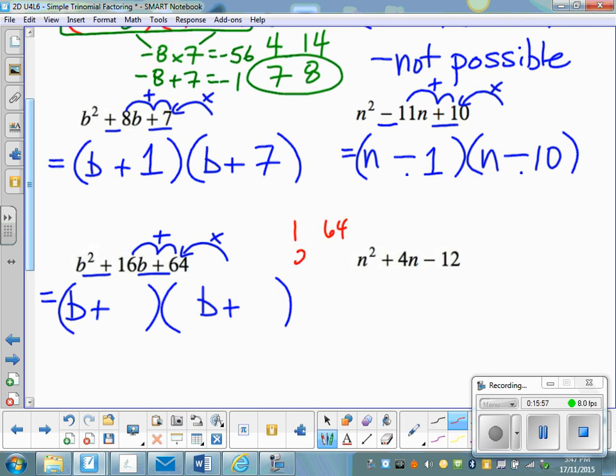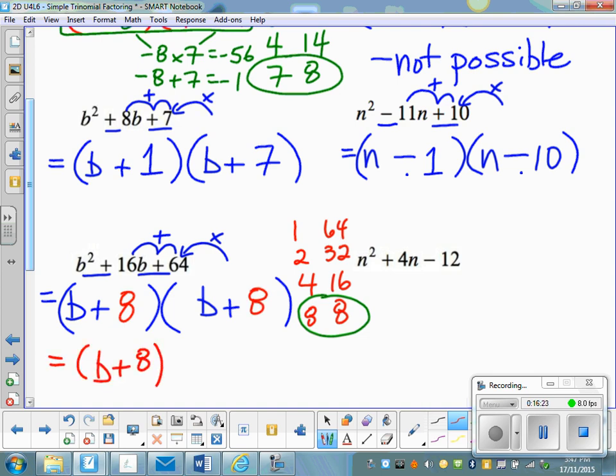I've got 2 and 32. 4 goes into 64 16 times. 8 goes into 64 8 times. So if I need two numbers that multiply to give 64 and add to give 16, it's got to be the 8s. So that's going to be an 8 and an 8. And if you really wanted to be fancy, you could write it as b plus 8 squared. Nice.